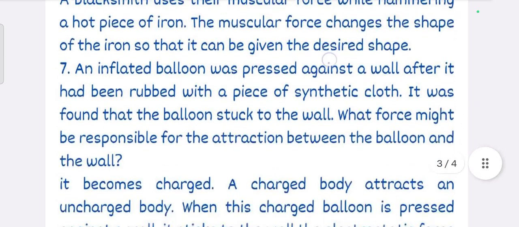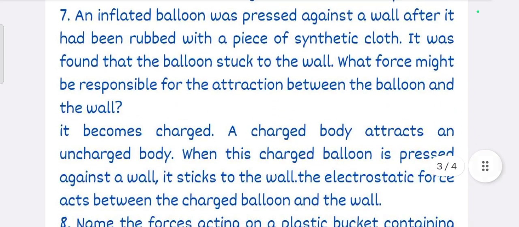Question number 7. An inflated balloon was pressed against a wall after it had been rubbed with a piece of synthetic cloth.